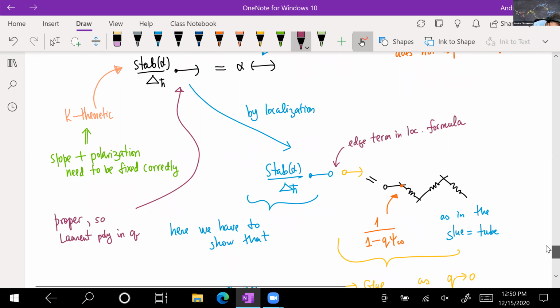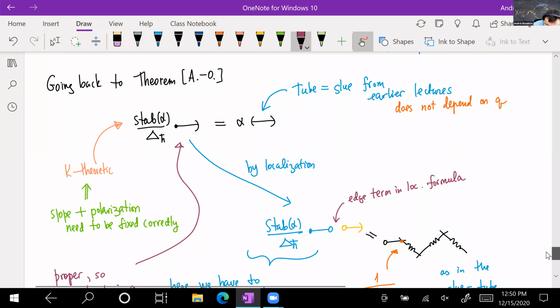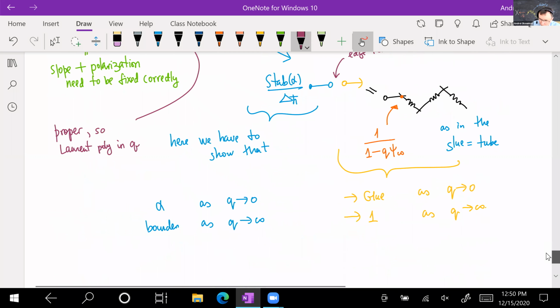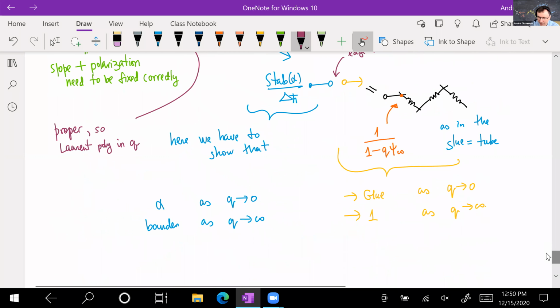And then we would like to show it's equal to something, and so it's enough to show that it's equal to something we want in the q equals 0 limit, and it stays bounded as q goes to infinity. Then it will show that first of all it's constant, and second it's equal to what we want because it's equal to that in the q equals 0 limit.